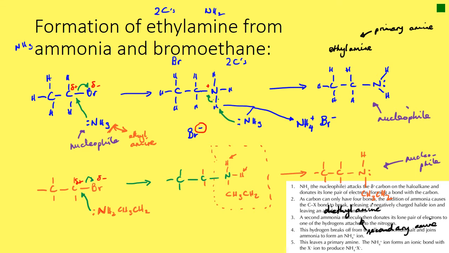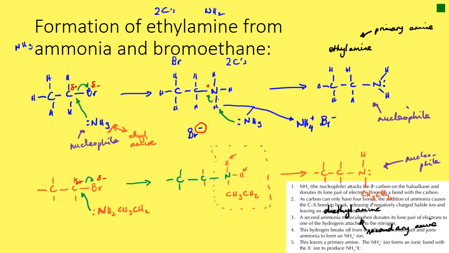So we could have had, let's write it like this, it could have been our ethylamine instead that took part in that first part of this reaction mechanism. And if it was the ethylamine that acted as the first nucleophile, in that first step of the reaction, then you would get a secondary amine instead of a primary amine.